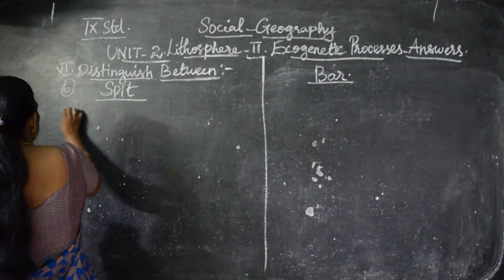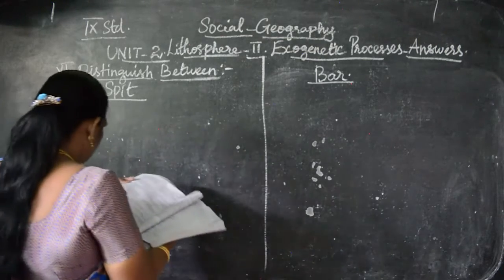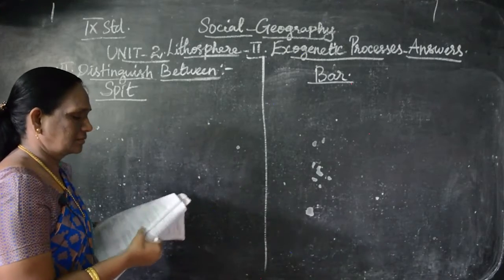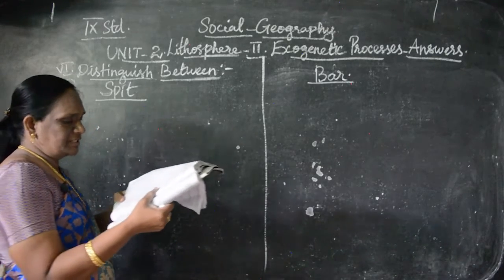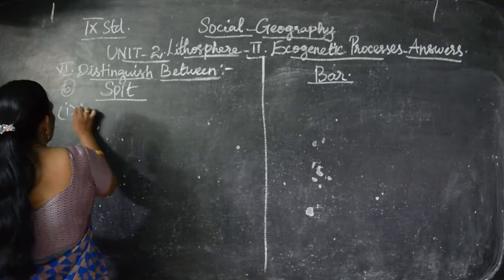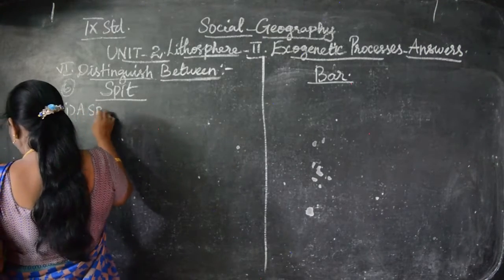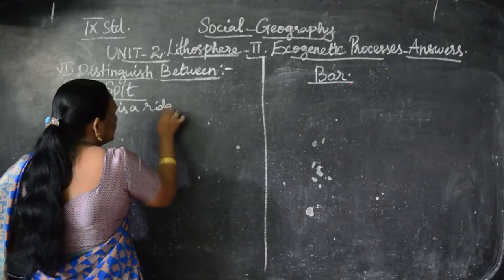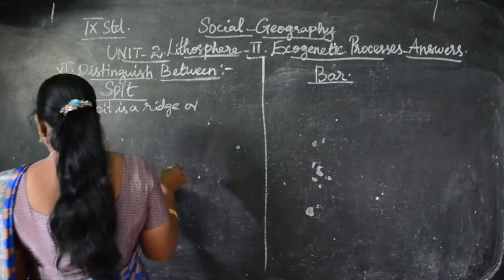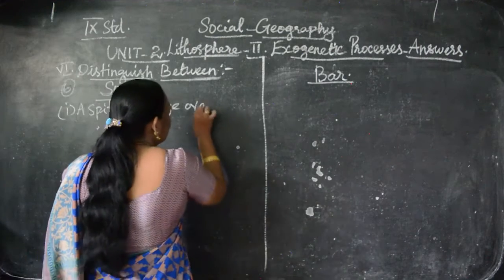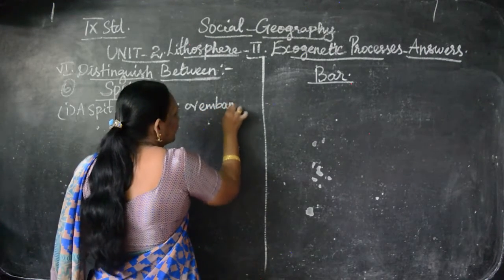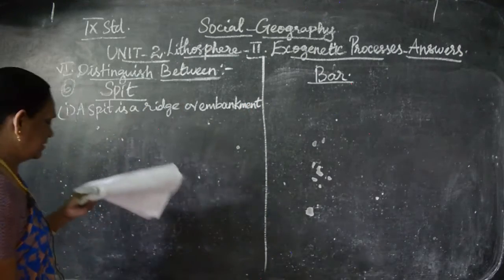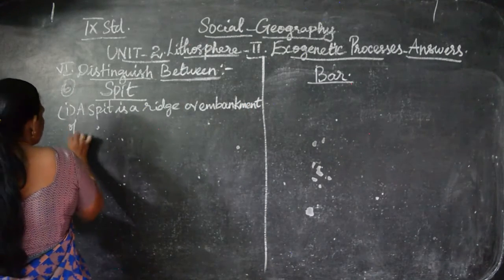The first point. A spit is a ridge or embankment, E-M-B-A-N-K-M-E-N-T, embankment. Understand?